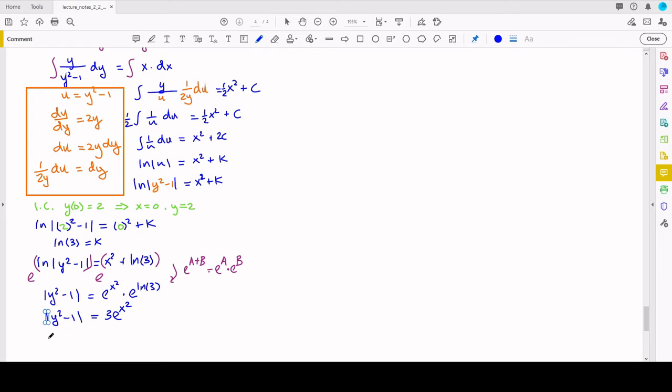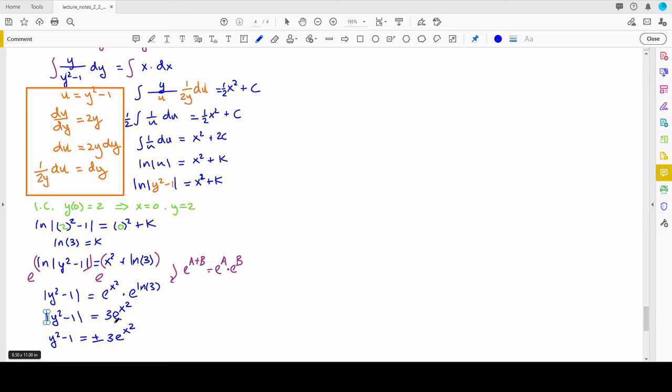Okay, so now I know that y squared minus 1 is equal to plus or minus 3 times e to the power x squared because of the absolute value. But let's check in with the initial condition. I know that when x is 0, y is equal to 2. So if I plug in y equals 2, I get 4 minus 1, and that's 3, and that's not equal to negative 3.